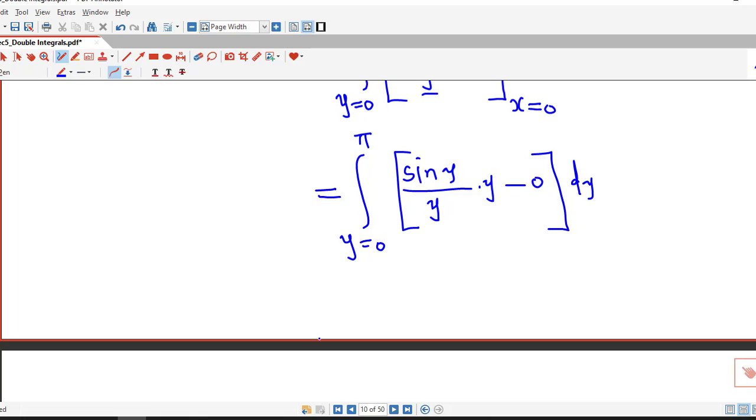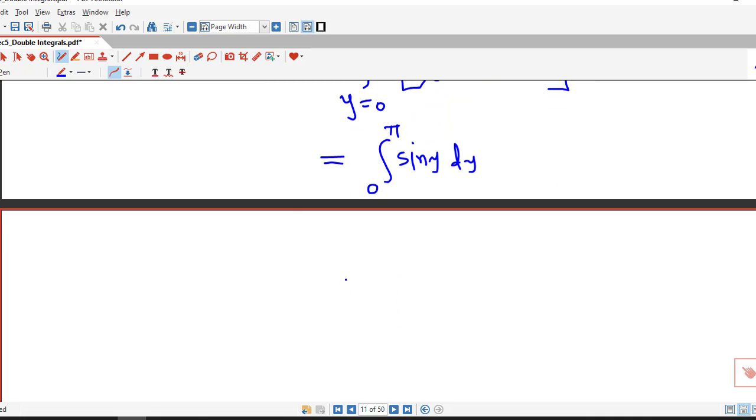So we can see this becomes easy now. Y will cancel out and we are left with the integral of sin y with respect to y from y equal to 0 to pi, and this is easy to integrate.